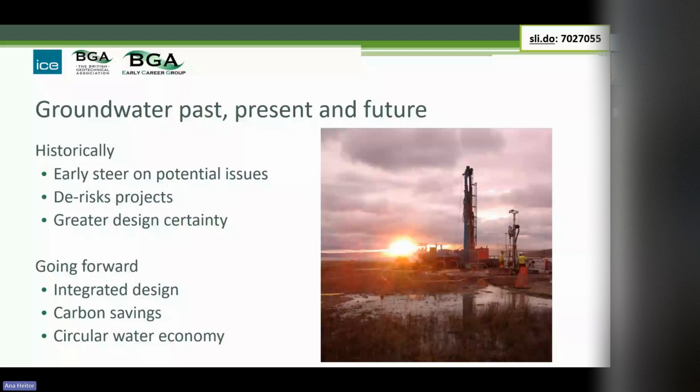And the answer always comes back, that's a really good idea, but it's too late now because it's too far down the design process, we can't do that. So I think one of the big challenges for this is going to be being part of the conversation early enough that we can actually influence people's thinking about how we apply geotechnical control for groundwater in a more considered fashion.